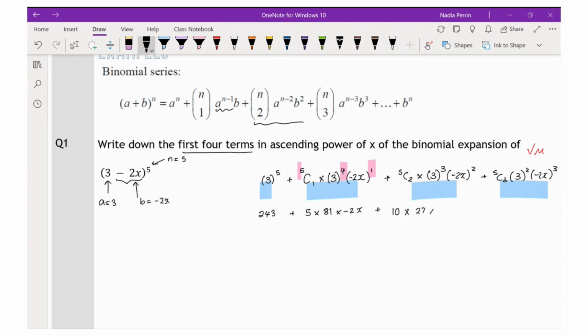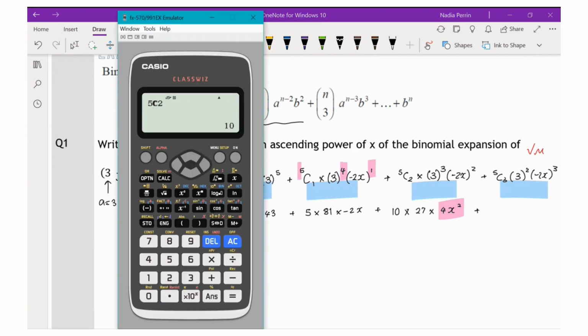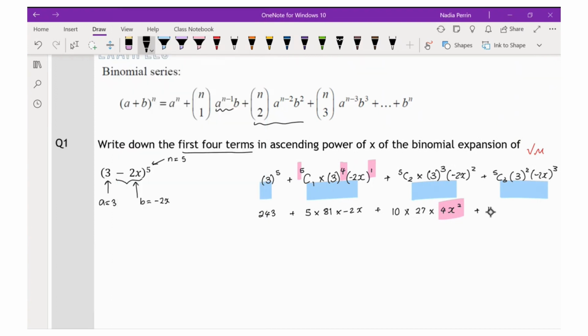Just be really careful with the negatives here. We've got a negative and we're doing to the power of 2. So negative 2 squared is going to be positive and the x will also be squared. So this is probably the most common mistake. We don't do that so accurately. And the next one, we're doing 5c3, which is also 10. 3 squared is 9.